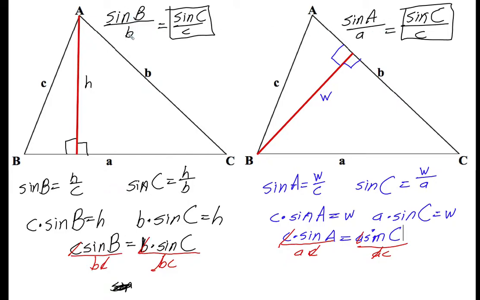And if sine of B over B equals that ratio and sine of A over A equals that ratio, then all three of these ratios have to be the same.